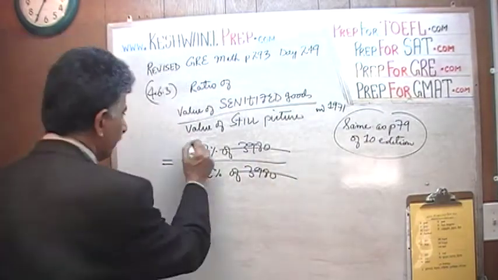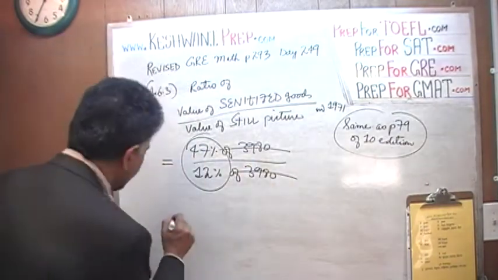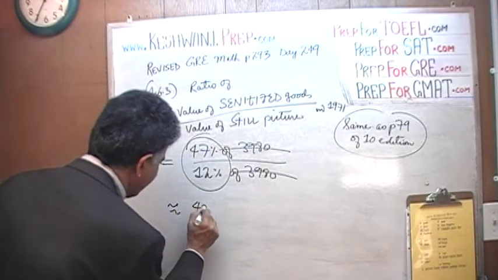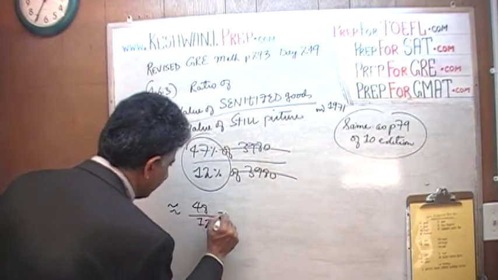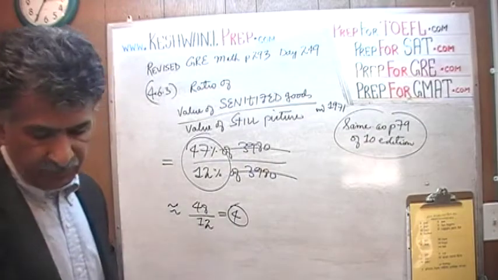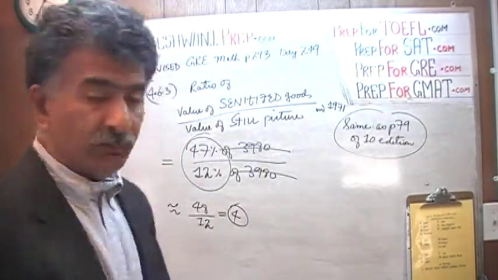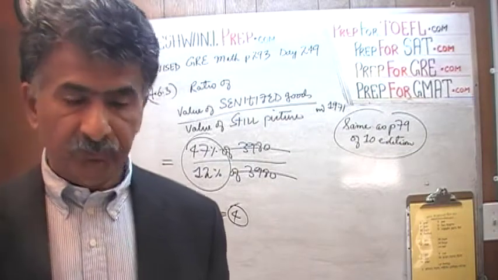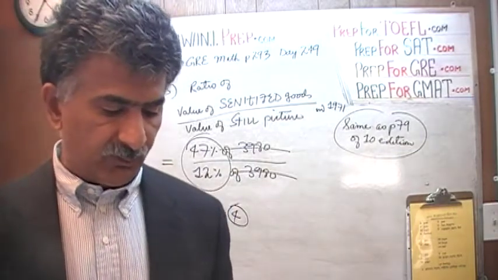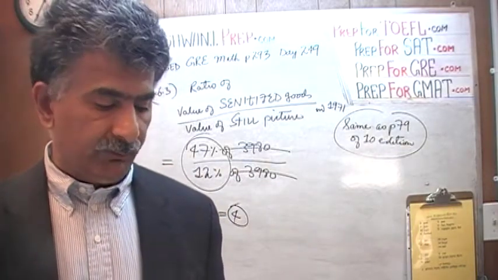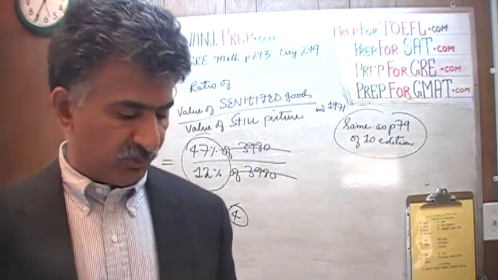So basically we're looking for the ratio of 47 to 12. Ratio of 47 to 12 is approximately same as 48 over 12, which is 4. The ratio is, rather, 4 to 1, not 1 to 4, because sanitized goods are 4 times the amount of the still picture equipment. So ratio is 4 to 1.